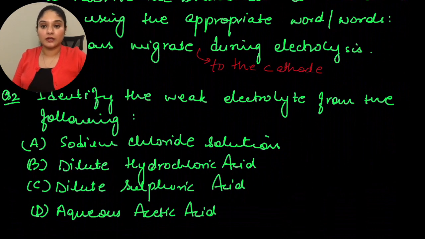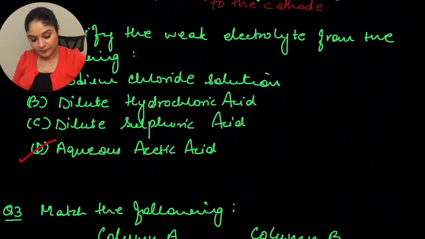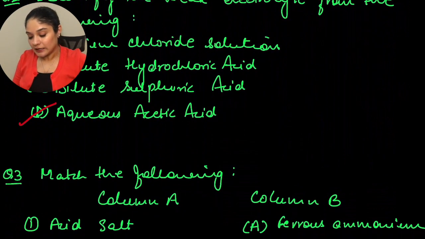All of them give you a lot of ions because they dissociate when water is mixed with them. The last one is aqueous acetic acid. As we understand, acetic acid is a weak acid, because when it dissociates in water, along with ions, you also get molecules. So the answer for this particular question will be aqueous acetic acid.